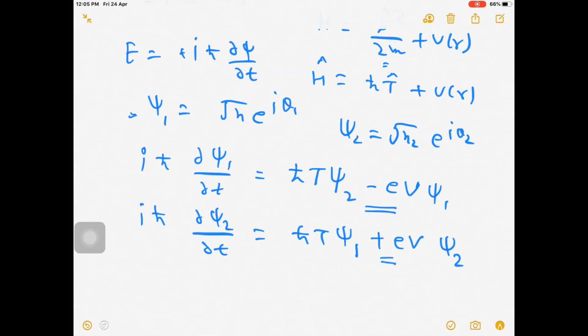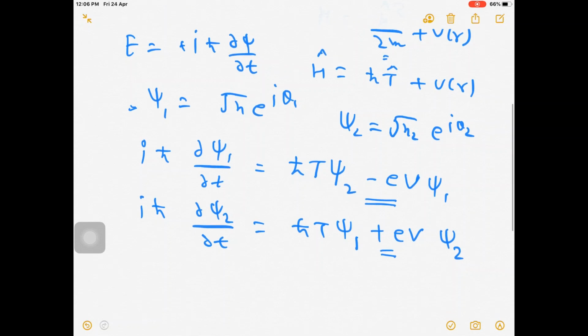You can choose alternately, because we are not restricted on whether the first superconductor is at a positive potential or the second. You can write plus eV anywhere and minus eV anywhere, the result is not going to be affected. So I assume this equation first and this equation second.